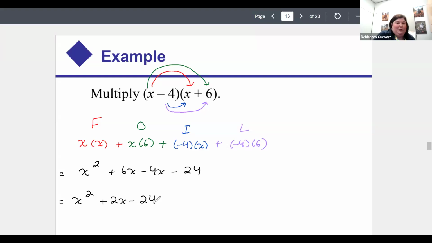FOIL just does that distribution for us without having to go through and distribute and then do that second distribution. But if you notice with my arrows, what FOIL is really trying to do is make sure that you multiply all your possible pairs together. So it's like a mnemonic device to make sure you don't miss anything.